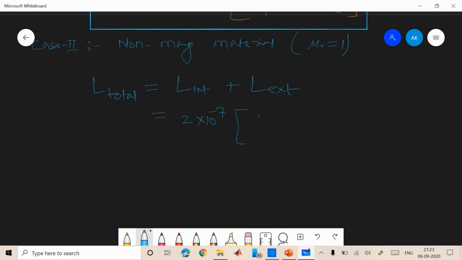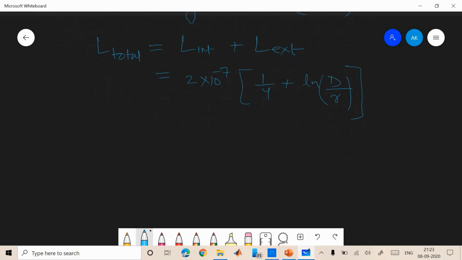Mu r value is 1, so you will get 1 by 4 plus ln d by r. Okay? Some more simplification, 2 into 10 raised to power minus 7. Now we can write this 1 by 4 as ln e raised to 1 by 4, no problem, plus this ln d by r. Okay.